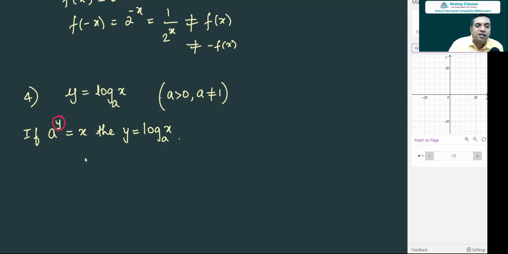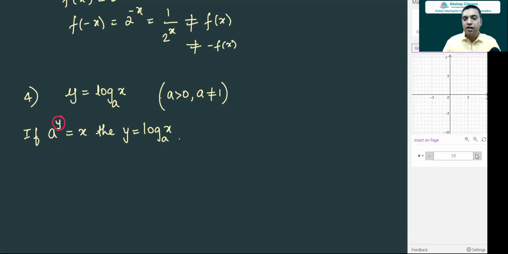Since a power y is defined for a greater than 0 and a not equal to 1, the same conditions will apply here. If you're observing the graph, you don't see the graph at all.